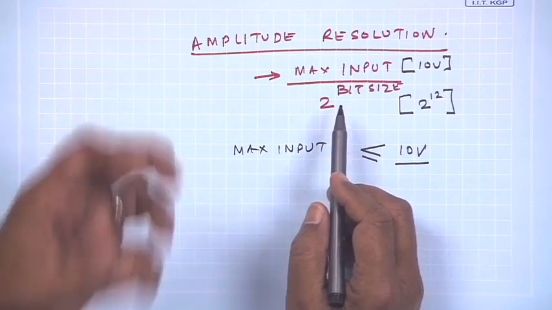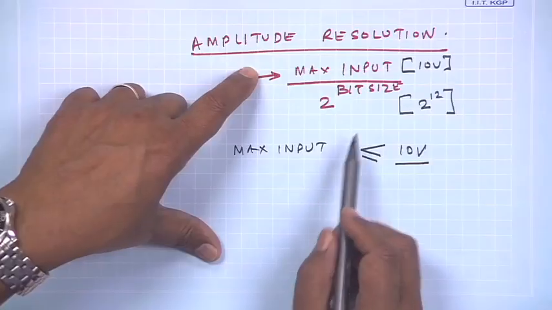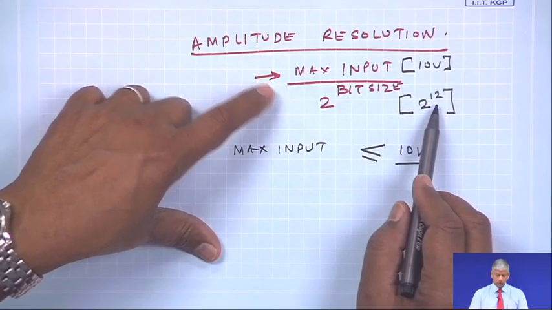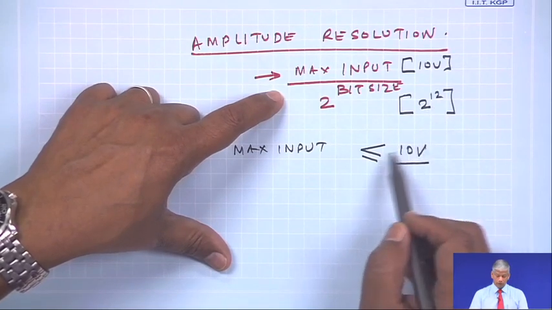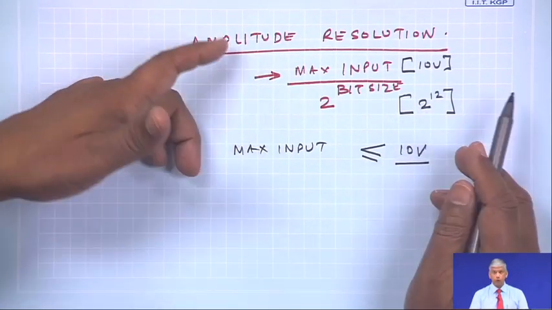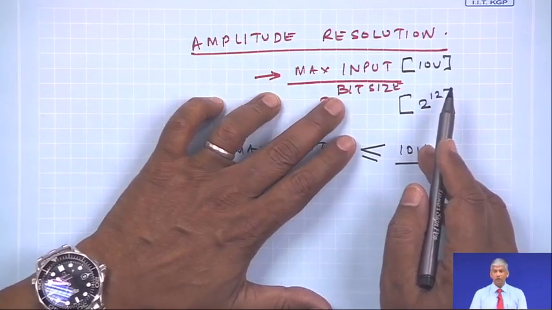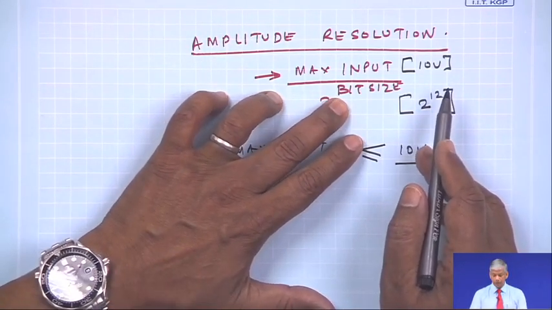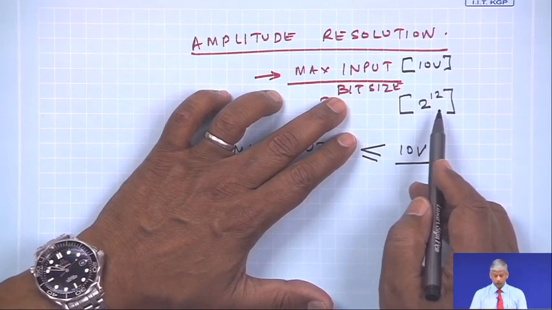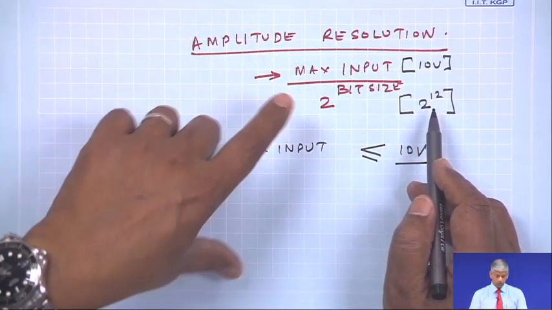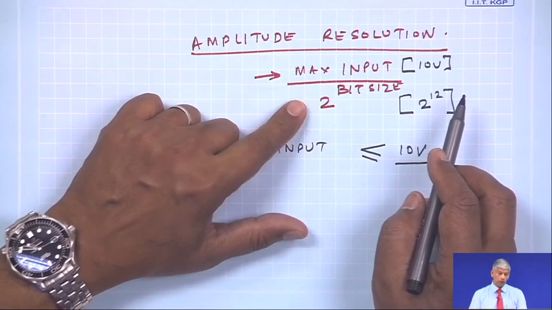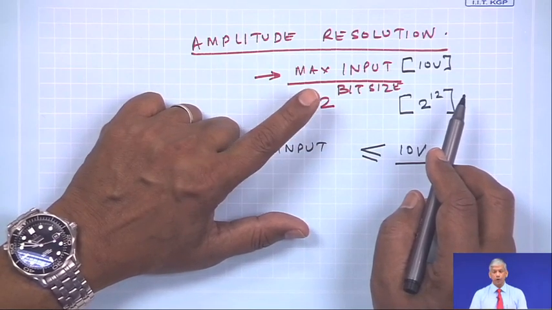Another way to reduce the amplitude resolution, or make it more sensitive to low amplitudes, is to increase the bit size. Instead of 2 to the power 12, I could have made it 2 to the power 16, 2 to the power 32, 2 to the power 64. So, by increasing the bit size, the gain needed to sense such low amplitude signals would be reduced.